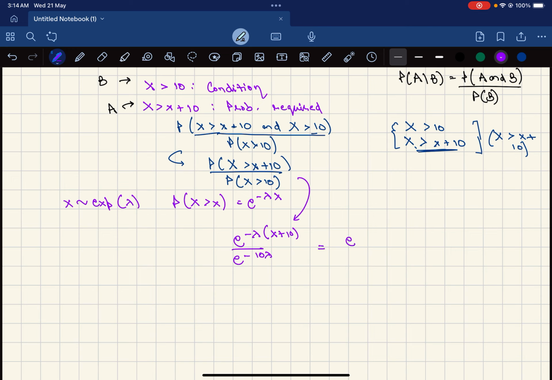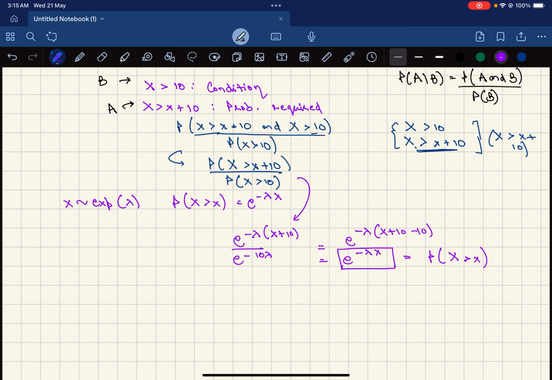Now this can be written as e to the power minus lambda x plus 10 minus 10, because we can subtract the powers of e from numerator to denominator, and we are left with e to the power minus lambda x, which is the same as P(x > x).